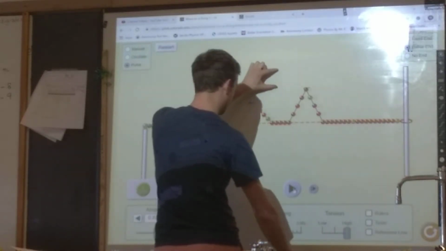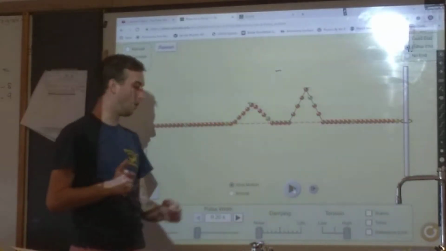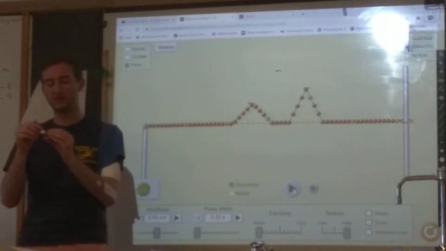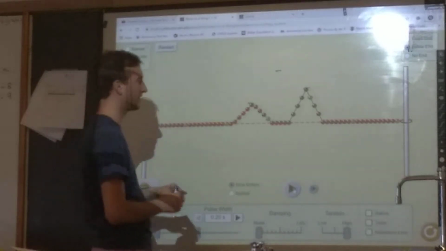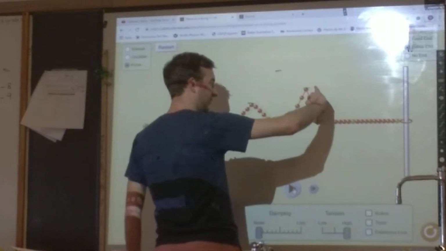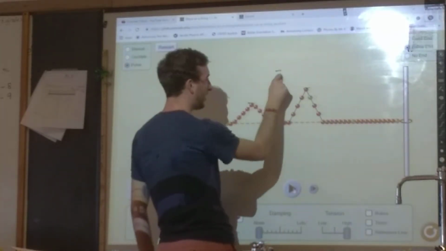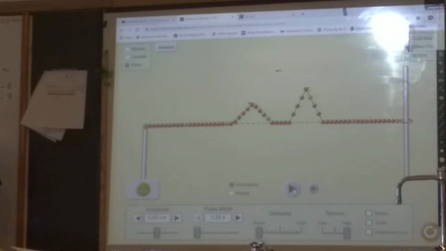I'm going to predict this one, since the rule is that the overall height or the overall displacement is equal to the sum of each individual displacement. In other words, you can kind of think about this as like adding heights together. This one's this tall, this one's this tall. If I add those two heights together, I should get a combined wave that gets up to about here. Let's see if that's the case.